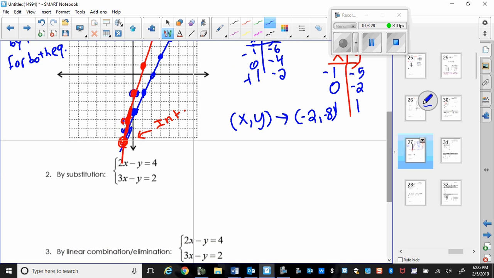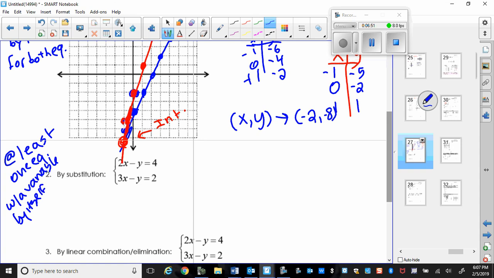Now, how can I use substitution? Well, you need at least one equation with a variable by itself, right?